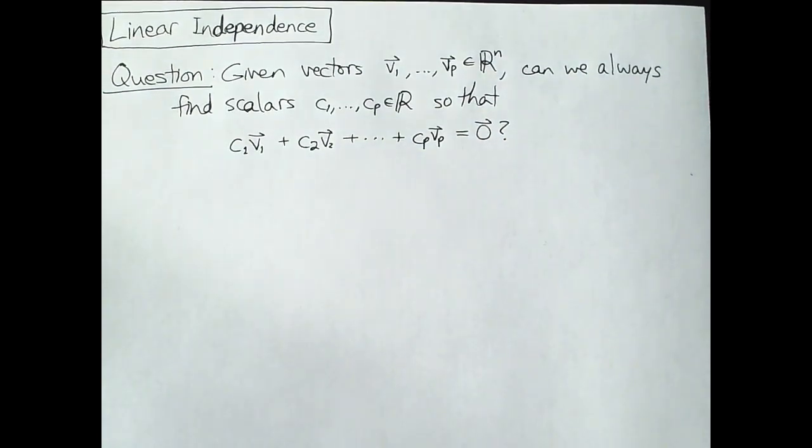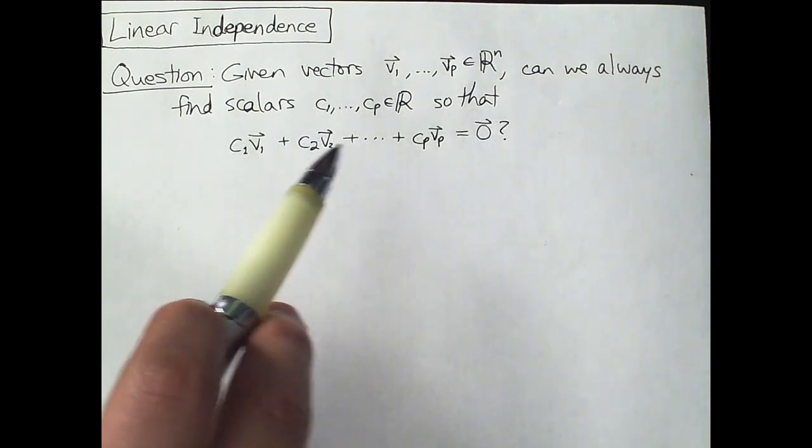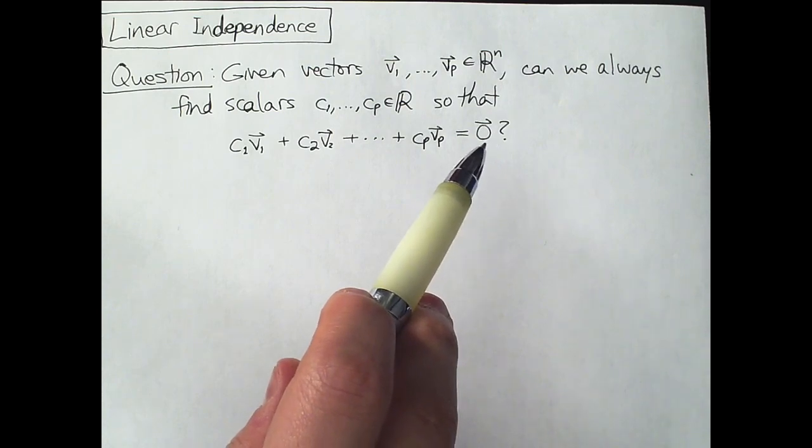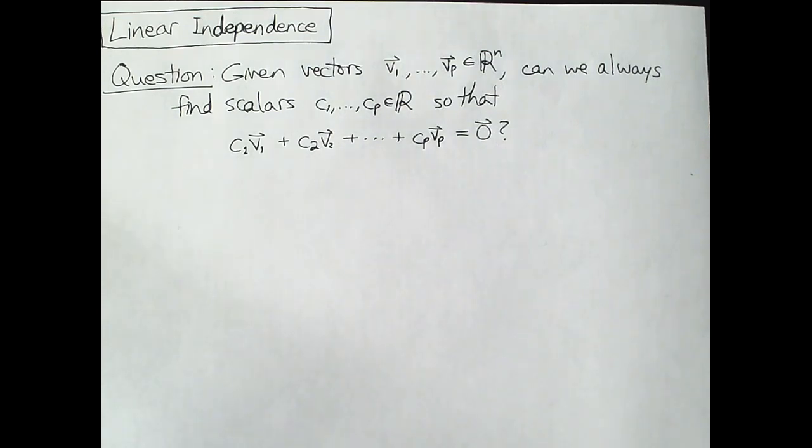So if I give you a bunch of vectors, they're all the same size, can you find real numbers to make this so that they all add up to the zero vector?